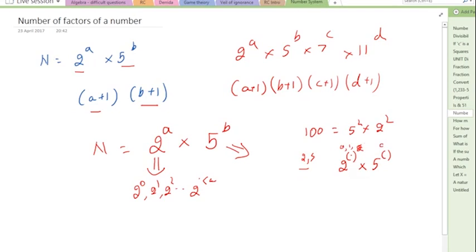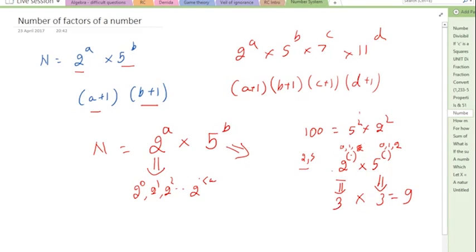And same way this can be 0, 1 or 2. So the number of options that a factor has for powers of 2 is 3, and same way for power of 5 is also 3. It can be 0, 1 or 2, and 0, 1 or 2. And so the total number of factors will be 3 into 3, 9. And that's how you get this plus 1 into this plus 1.